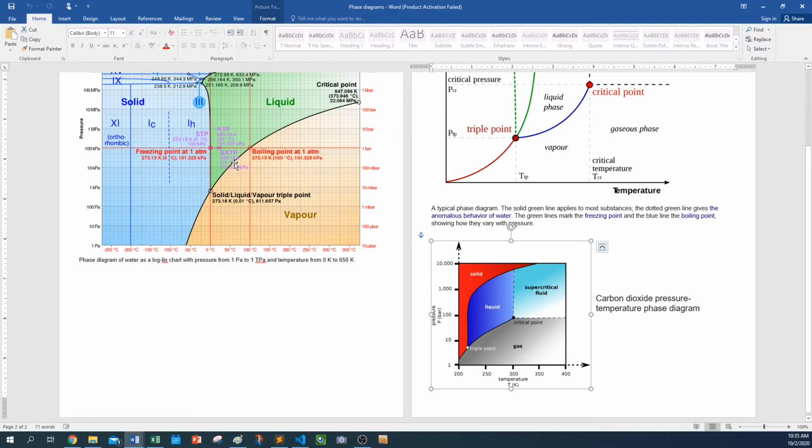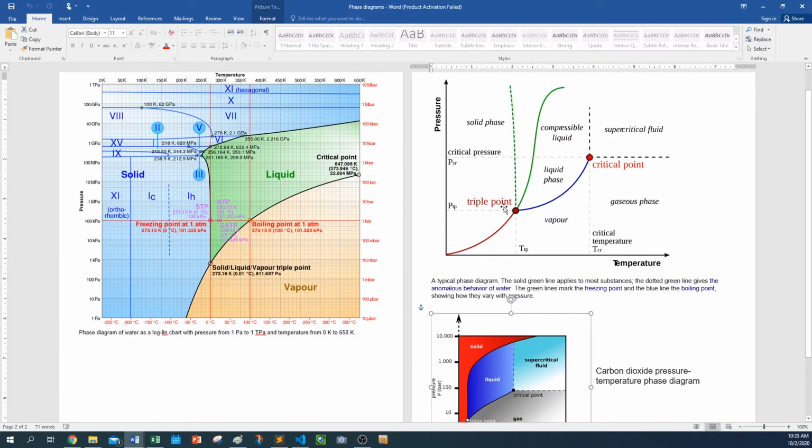If we were to increase the pressure, we could push the water vapor down and keep it a liquid for longer. So as we increase the pressure, the temperature at which it starts to boil increases. If we reduce the pressure, that temperature will drop.